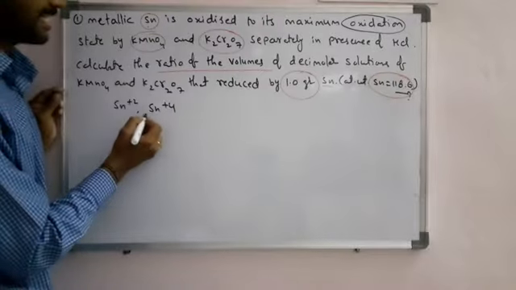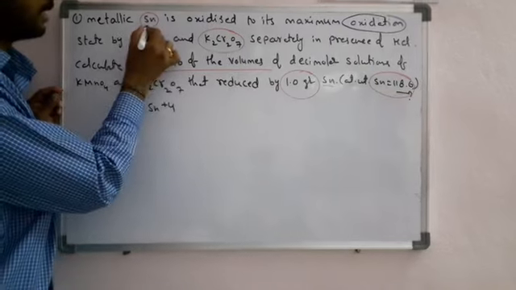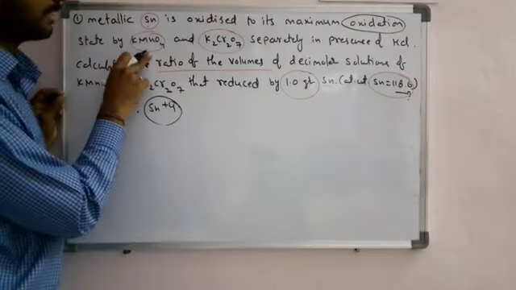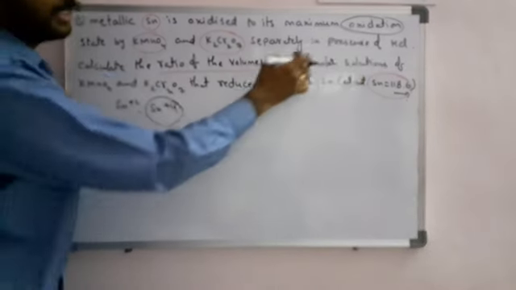Here it is given that tin is oxidized to stannic, that is plus 4, by the oxidizing agents potassium permanganate and potassium dichromate. Both reactions are separately in acidic medium.